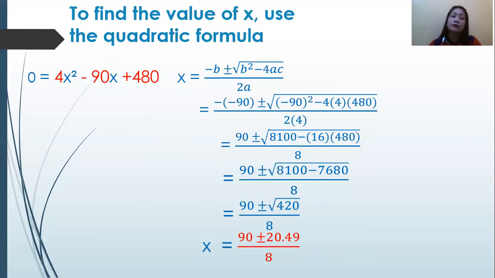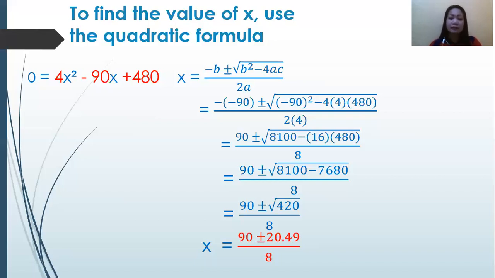So it is now x is equal to negative times negative 90, which is positive 90, plus or minus the square root of negative 90 squared, which is 8,100, minus 4 times 4, which is 16, times 480, over 2 times 4, which is 8.